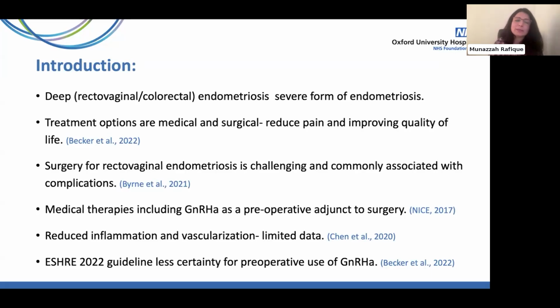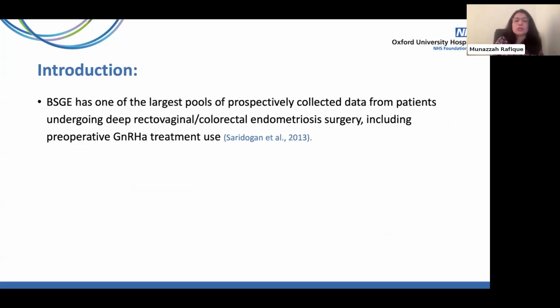Whether we should use medical therapies like GnRH agonist as preoperative adjuvant is still a question that has not been answered. We find very limited data that preoperative GnRH can cause reduced inflammation and vascularization. The ESHRE guideline that has recently been published expresses very little certainty about the preoperative use of GnRH.